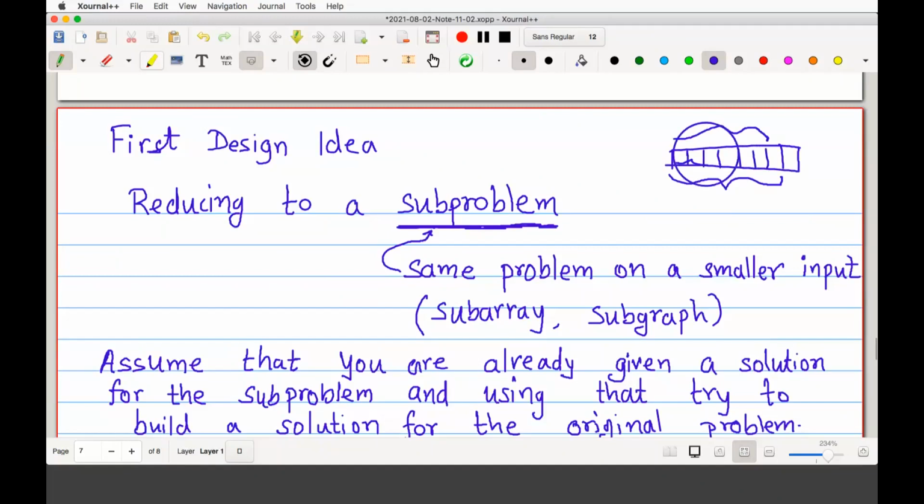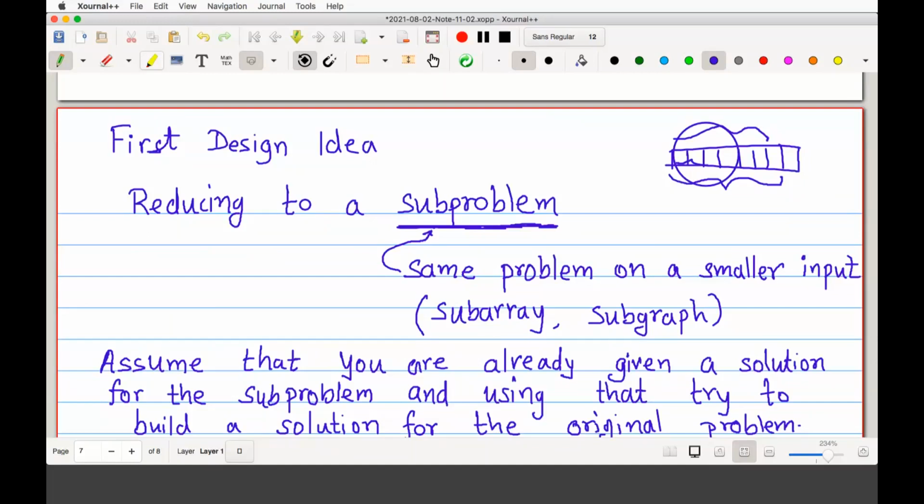In case of a graph, you could consider subgraphs as smaller inputs. You could delete a few vertices or some edges, and that gives you a smaller input, right?